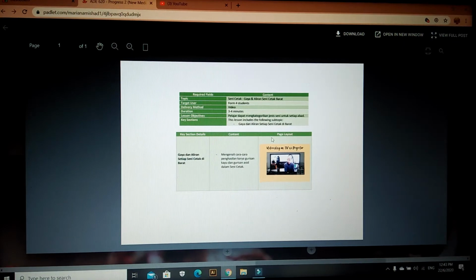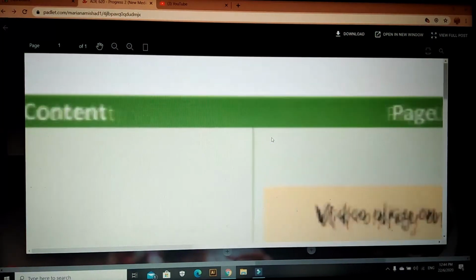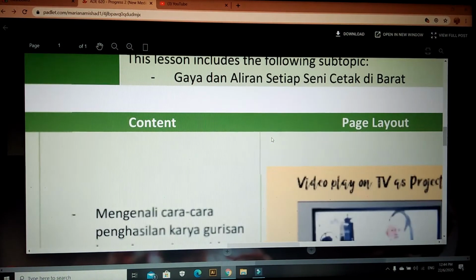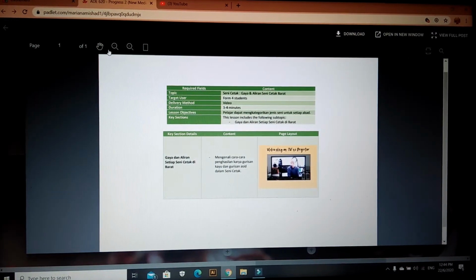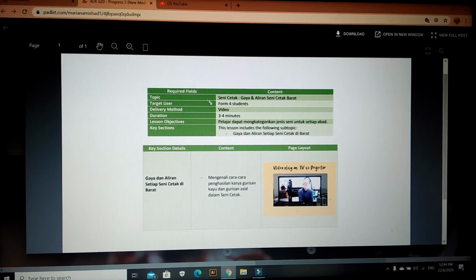Since I only use one media, I only have a short table. Here is the topic, the target user, delivery method, duration, lesson objectives, and key section. The key section is that this lesson includes the following subtopic: gaya dan aliran setiap seni cetak di barat.